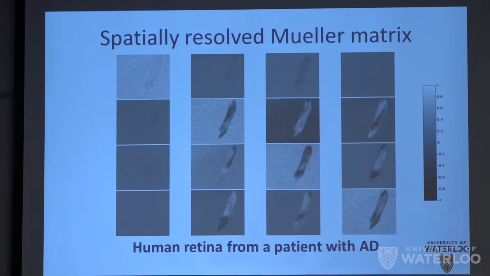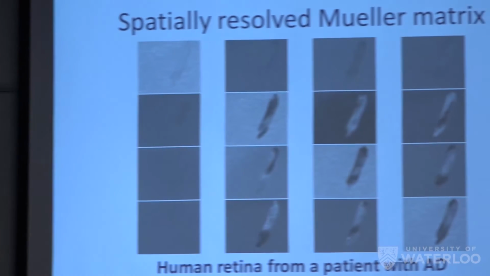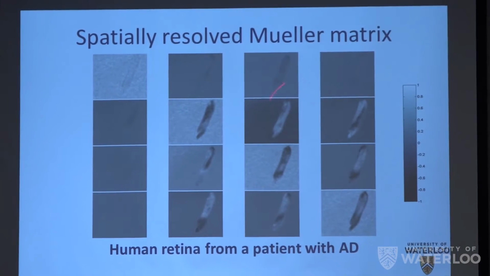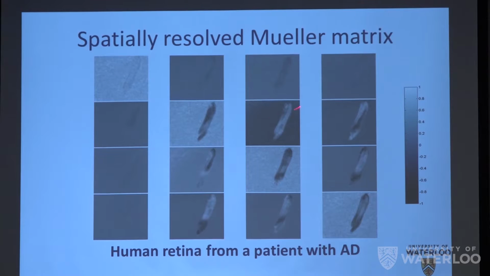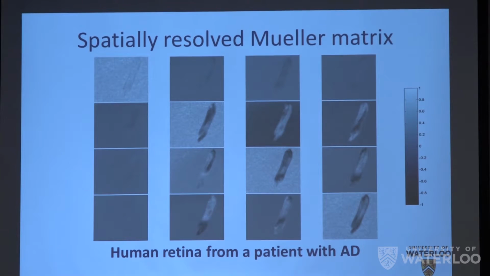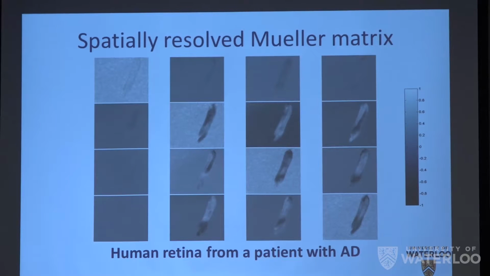So it is a property of the tissue, and you can very clearly see that there is a deposit. This would be an image that you would see with unpolarized light. So you can see there's not a lot of contrast between the deposit and the surrounding retina. But here you can see much more contrast between the deposit and the surrounding retina. It's clearly visible in some elements of the Mueller matrix.